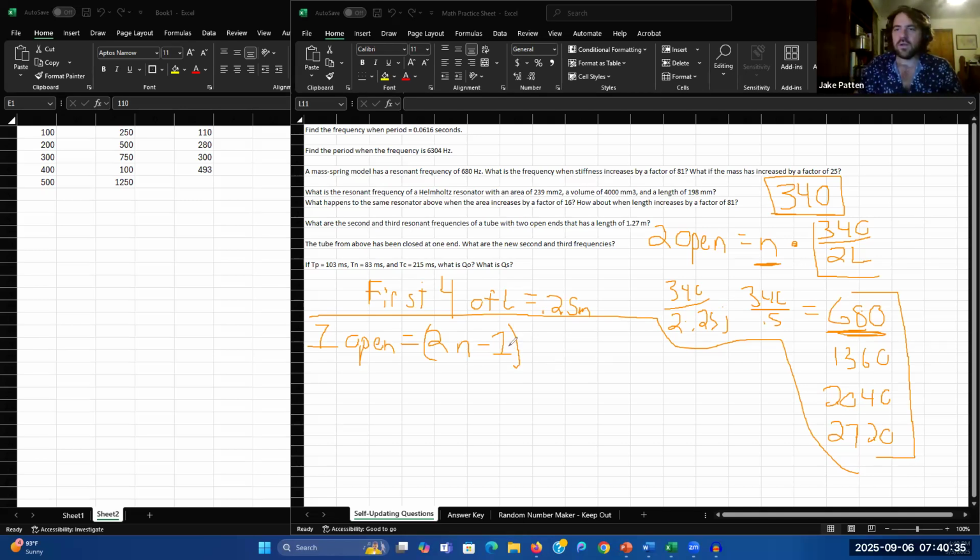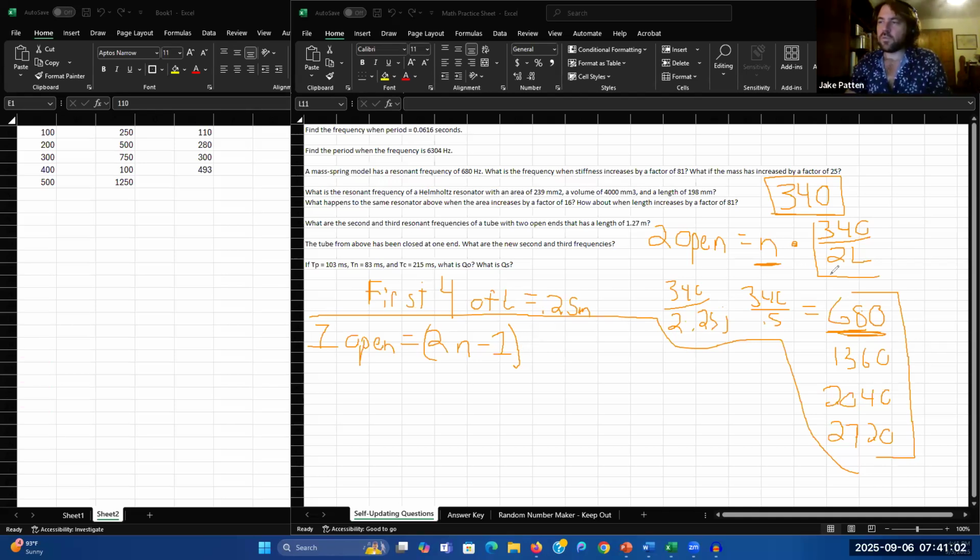First harmonic is 1. But then when you go to the second harmonic, 2 times 2 is 4, minus 1 is 3. So now we're looking for harmonics 1, 3, 5, 7. If we want the first 4 resonant frequencies, it's no longer just every harmonic that we're counting up. It's now the odd harmonics. So that's what happens when the tube closes at one end.